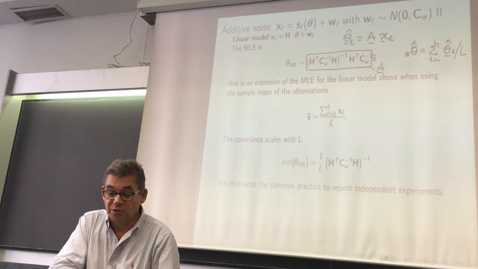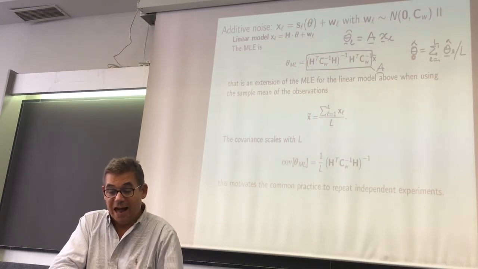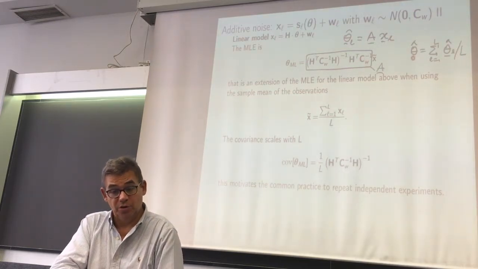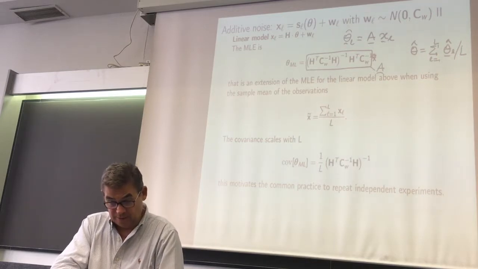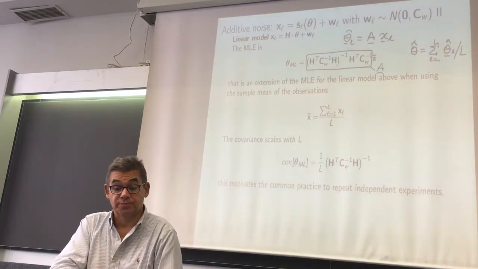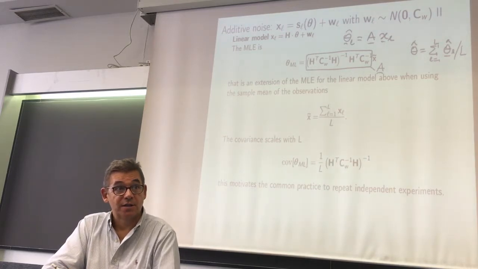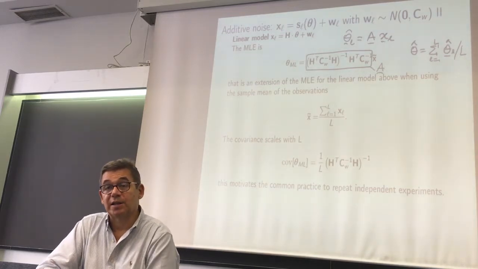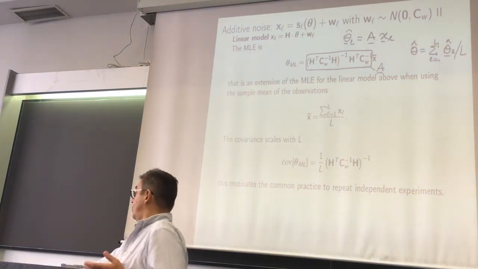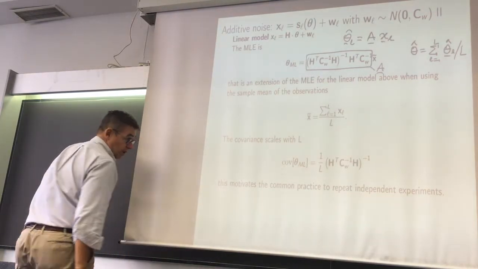So the intuitive solution, which is averaging the local solutions, coincides with the maximum likelihood. That's good news. So, how is the covariance in this case? Now, this is common knowledge.